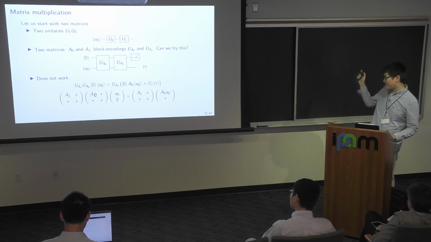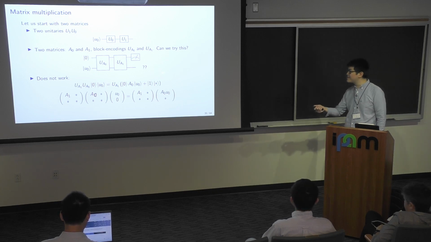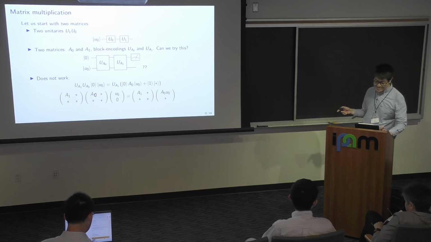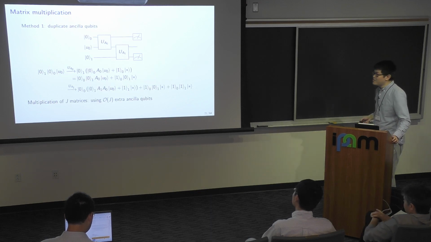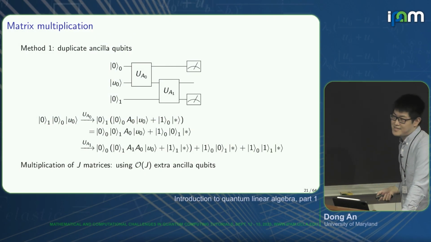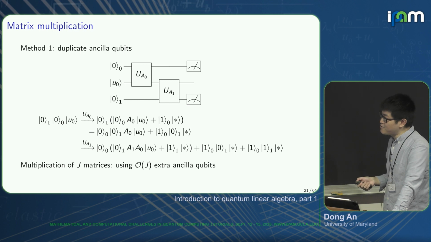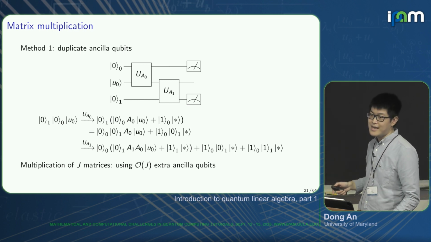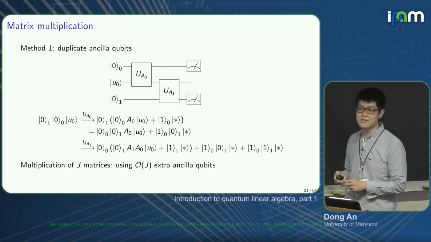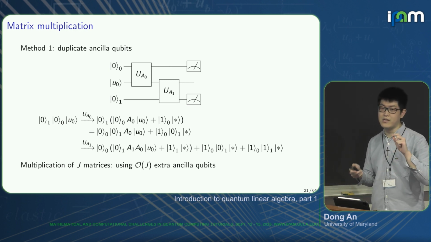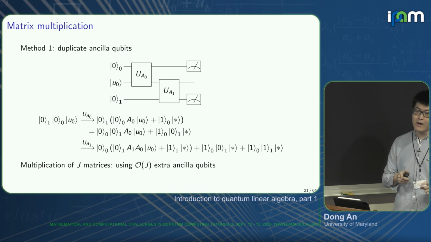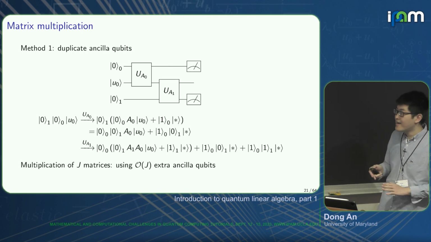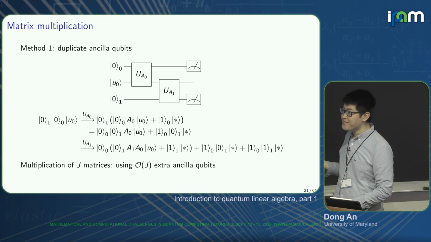We want to postpone all the measurements to the end, so one way is to duplicate the ancilla qubits. That is, instead of using a single ancilla qubit, we use multiple ancilla qubits. And if we're using multiple ancilla qubits, then each ancilla qubit is only for a single application of the block encoding.